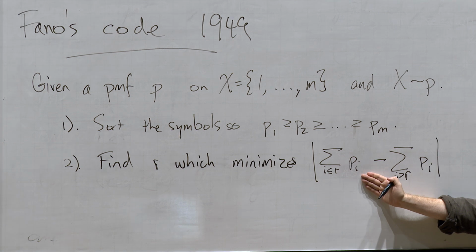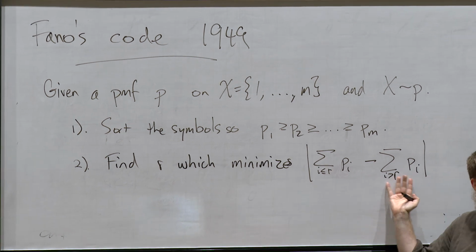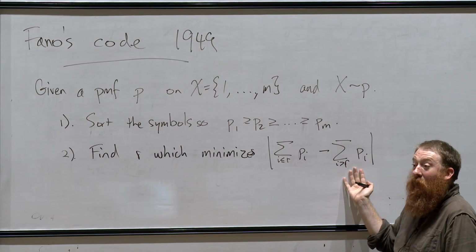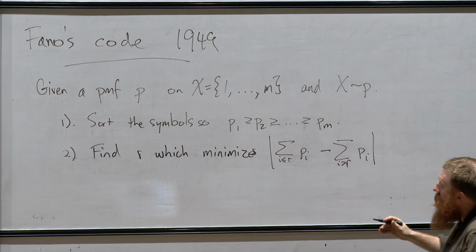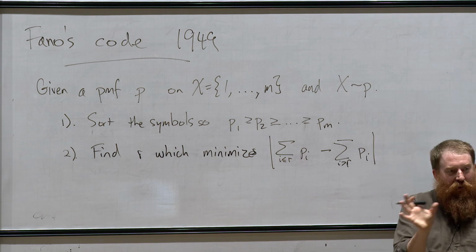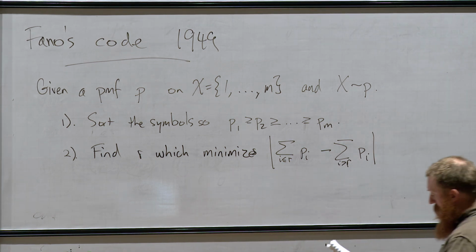So we're trying to find something which is close to halfway. Okay, you can see if we could do this perfectly, then this would have half the probability, this would have half the probability, and these two things would be equal. So we'd minimize it at 0. But maybe that's not possible. Let's try and minimize it. So we're going to find a split which gives us the best possible split between these two sets.